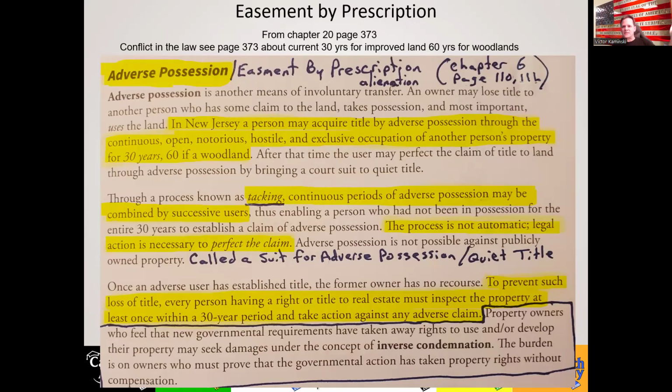Put up trespass signs. Let's just say that it's not just your regular city block, your city lot. Let's just say that you own 1,000 acres of land. You should walk the boundaries or drive the boundaries, ride a horse, whatever, to check your property at least once every 20 years, right?